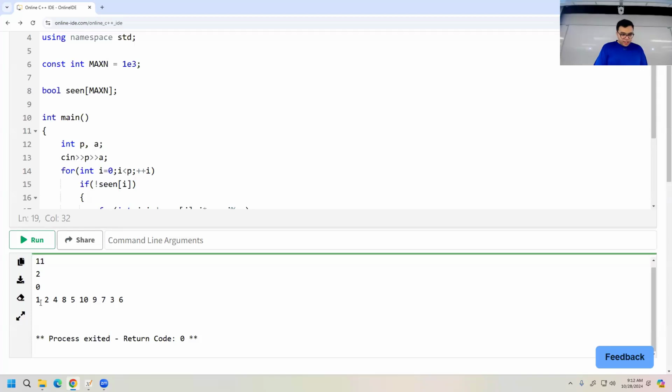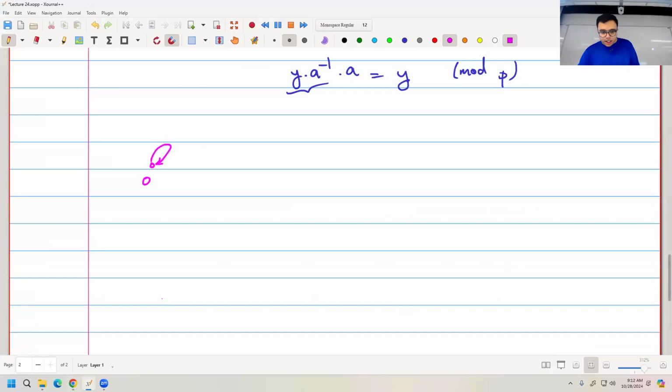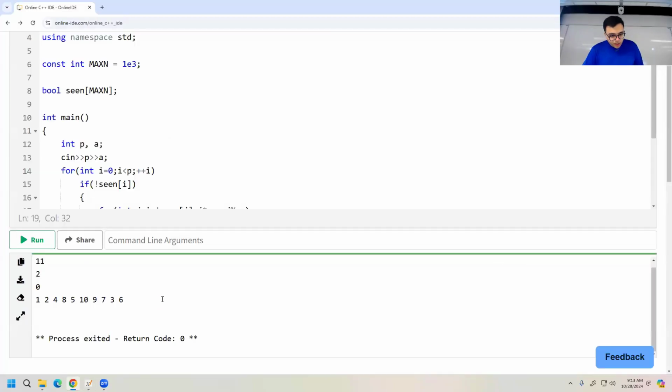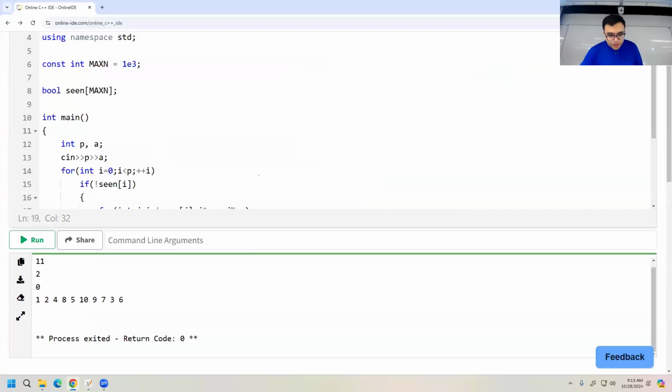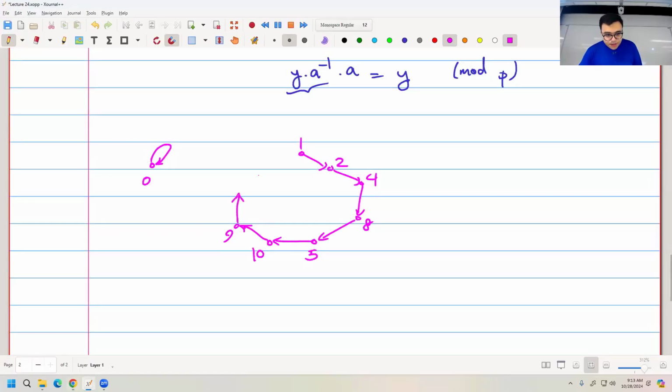And in this case, I also have this other cycle, 1, 2, 4, 8, 5, 10, 9, 7, 3, 6.